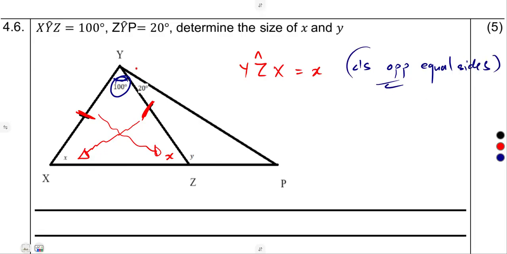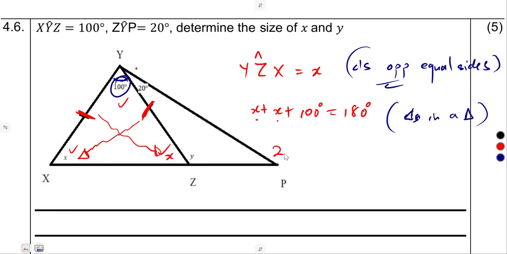So if they are equal, we can form an equation since angles in a triangle add up to 180. So you're going to have x plus x plus 100 degrees. We equate it to what? 180 degrees. Angles in a triangle, remember they add up to 180.